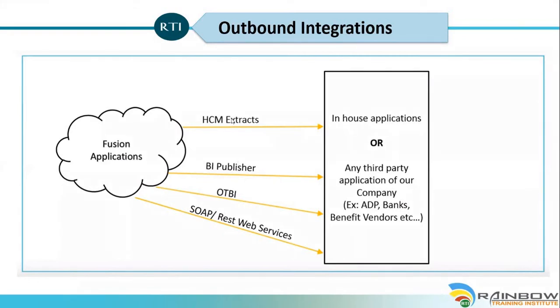But if you don't have the patience to write SQL queries, identify the tables, and come up with the join conditions and all that, then you can create it as an HCM extract. That's the only difference. In the case of HCM extracts, instead of you writing the SQL query, Oracle has written those queries for you, and they are exposed as user entities.